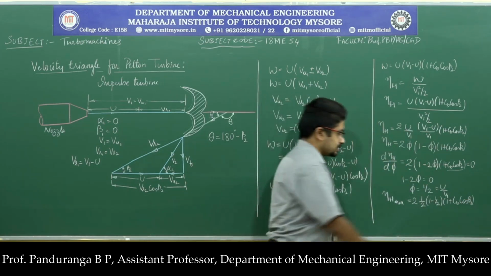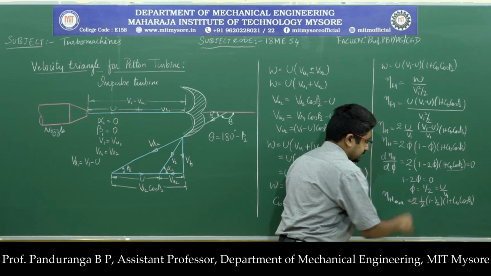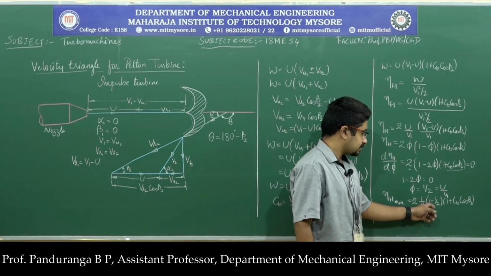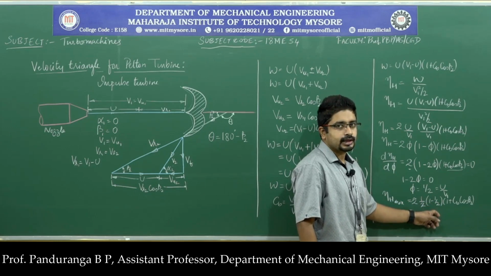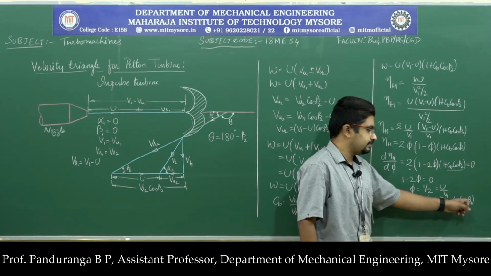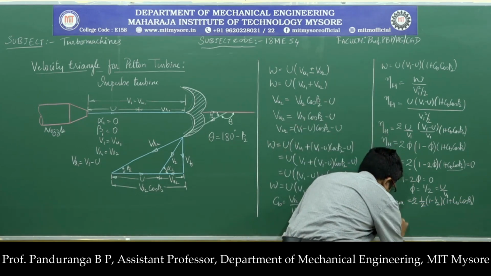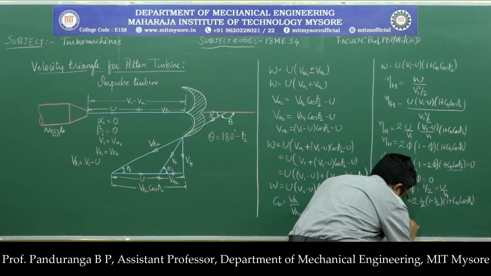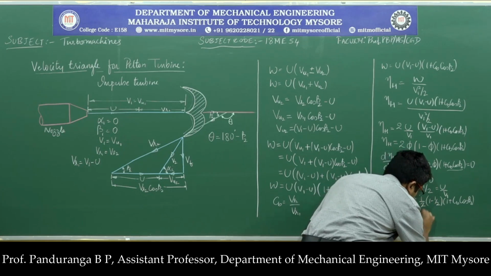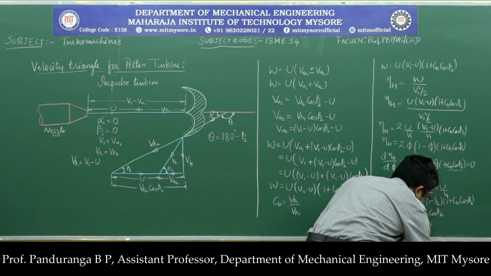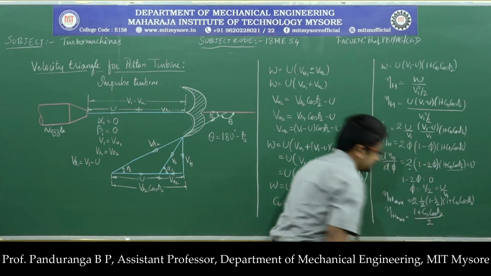If I simplify this, 2 divided by 2 will get cancelled. So 1 minus half is half. Half multiplied by (1 plus CB cos beta 2), so eta h max will be equal to (1 plus CB cos beta 2) divided by 2.